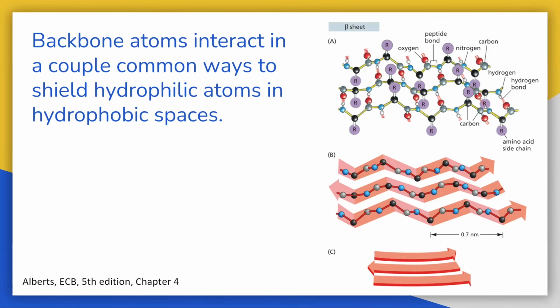And in doing that, we align, again, the nitrogens with the oxygens so that they can create these hydrogen bonds and stick the side chains, in this case, up and down and up and down in ways that they can interact with hydrophobic stuff in the protein or in a membrane.